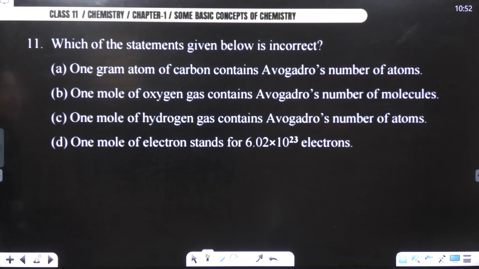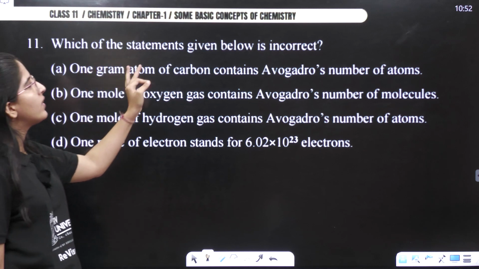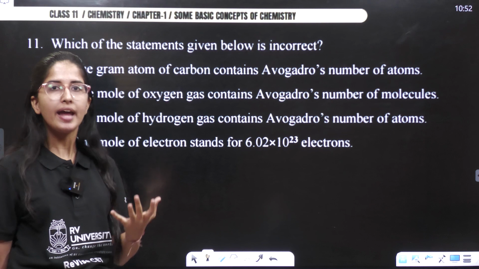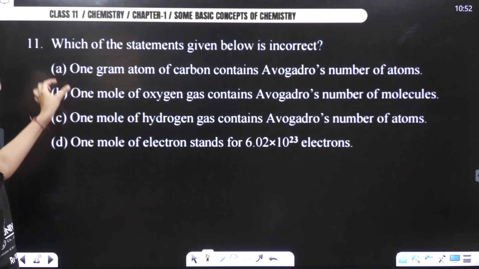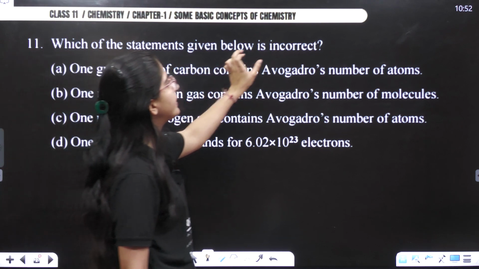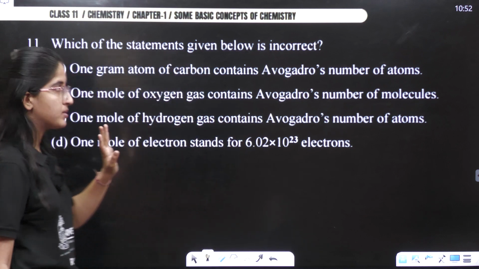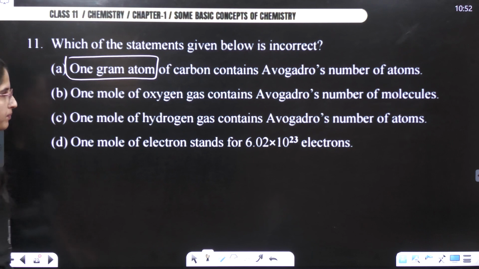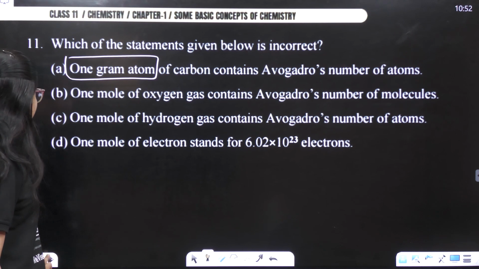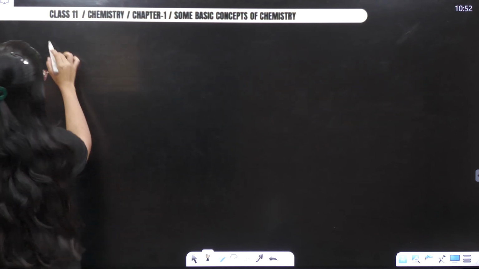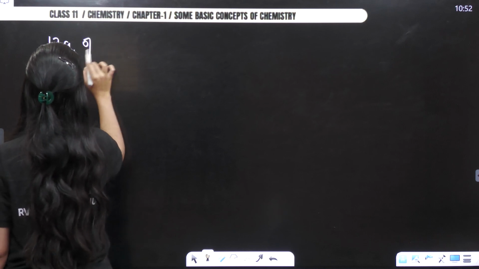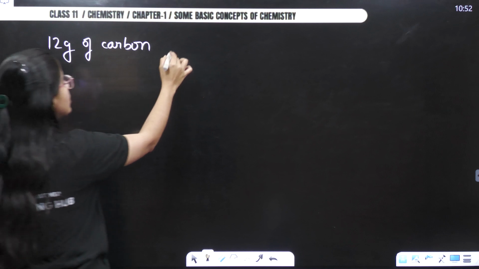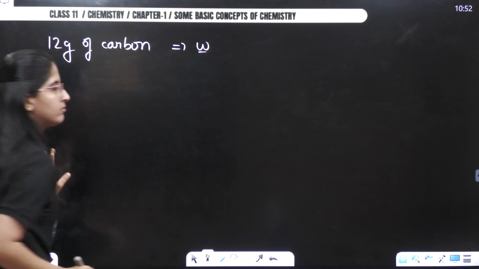So you have to carefully observe the sentence also in the examination. Now, the next question. Which of these statements given below is incorrect? So out of these statements, which statement is incorrect they are asking. The first statement: 1 gram atom of carbon contains Avogadro's number of atoms. So see here, whenever they give 1 gram atom, if in the examination they have given 12 gram of carbon, then it is talking about weight only.